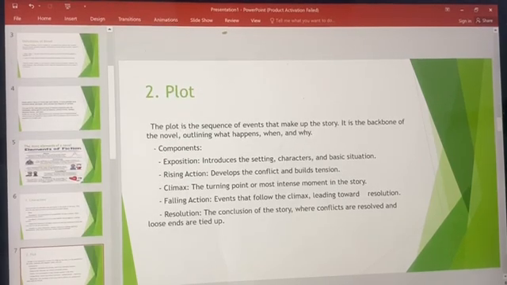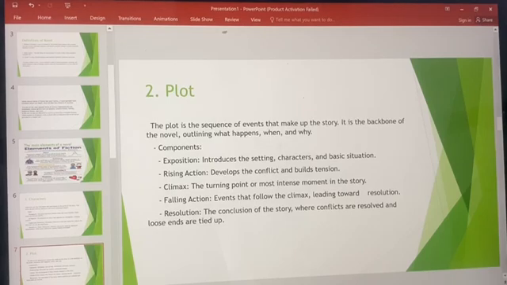Another important element or another important pillar of a novel is the plot. The plot is the sequence of events that make up the story. It is the backbone of the novel, outlining what happens, when, and why.